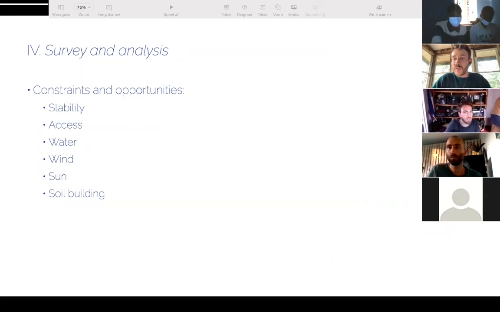Step one, survey and analysis, is basically observing where you are, be it on a roof, in a rural place, or on the ground floor, gathering your maps, regulations, legal advice from the municipality, whatever you need to get. First point, stability: making sure what your roof can carry if you're working on a roof. Do get an engineer, don't be shy, don't take any risks.